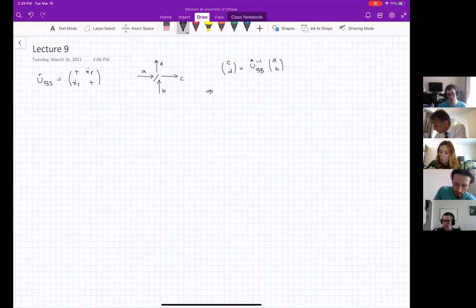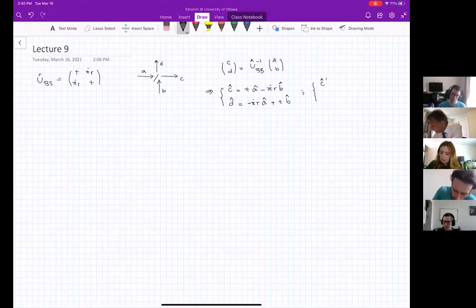So eventually what we got from this was that C is T A minus iR B, and D is equal to minus iR A plus T B. And of course, the creation operators will be the same scenario.